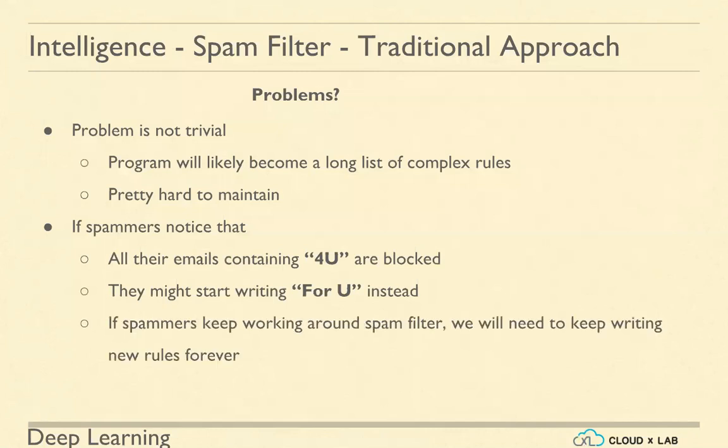F-O-R space U. And if spammers keep working around your spam filter, we'll need to keep writing the rules forever, right? And therefore, with the traditional approach whereby we studied the problem and came up with the rules, we would never be able to solve hard problems like spam filters.